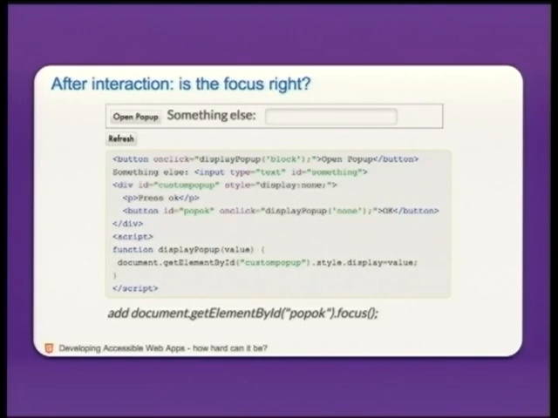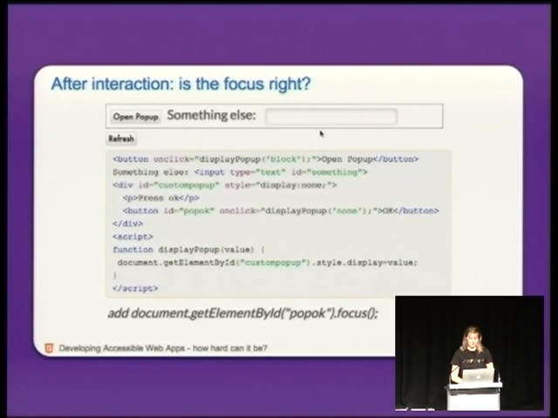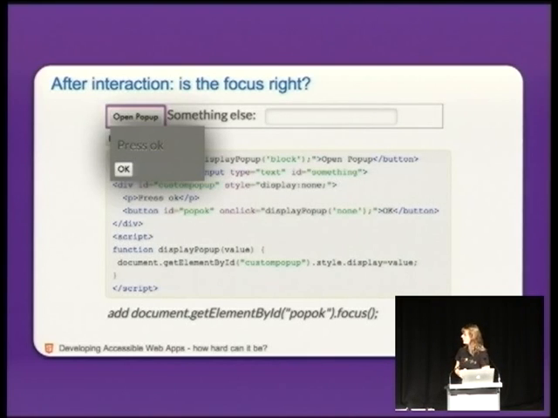So now the last thing to get it keyboard accessible is, do you have your focus right? Is your focus on the right things when something custom opens? So here we've got an example with an open pop-up button, with a pop-up. I'm hitting the pop-up with the Enter key.